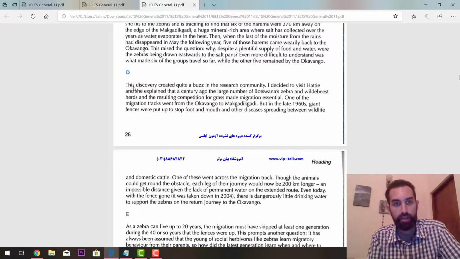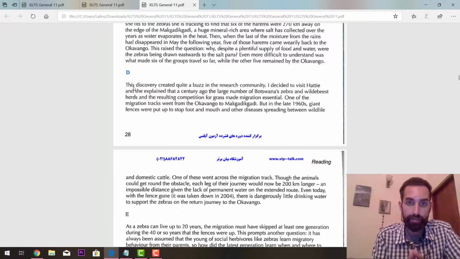This discovery created quite a buzz in the research community. I decided to visit Hattie, and she explained that a century ago, the large number of Botswana's zebra and wildebeest herds and the resulting grass made migration essential. One of the migration tracks went from the Okavango to Makgadikgadi. But in the late 1960s, giant fences were put up to stop foot and mouth and other diseases spreading between wildlife and domestic cattle.